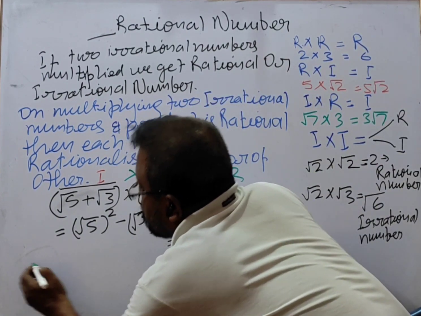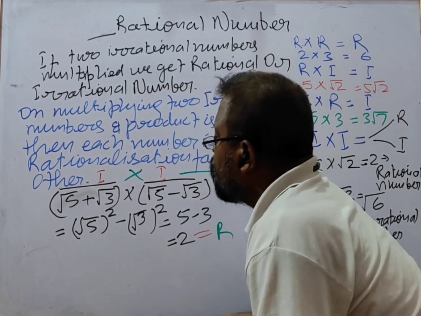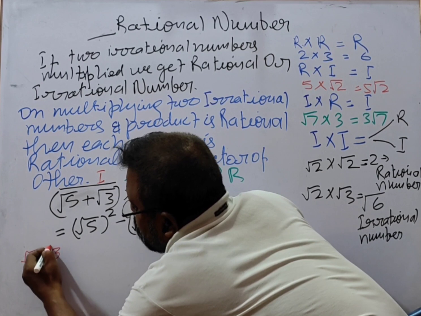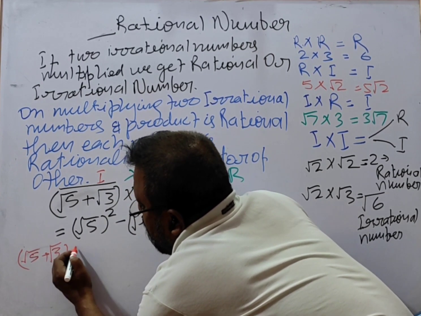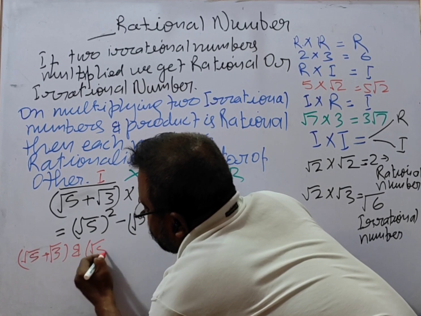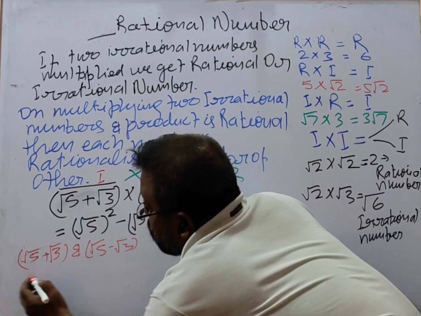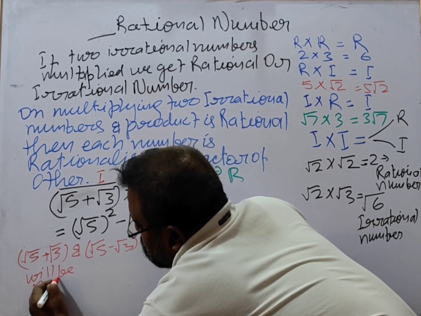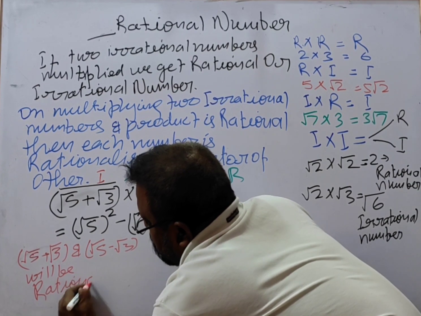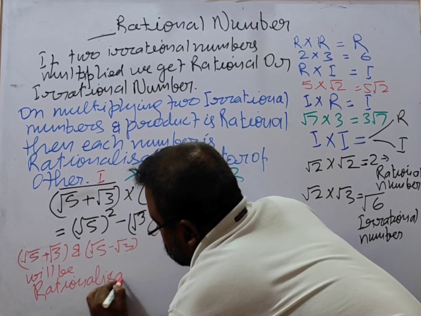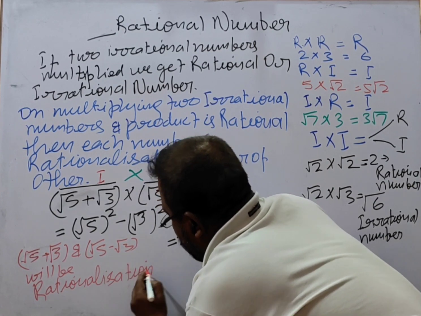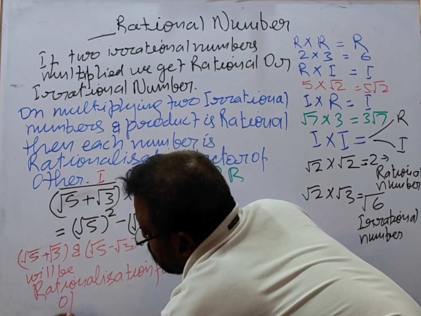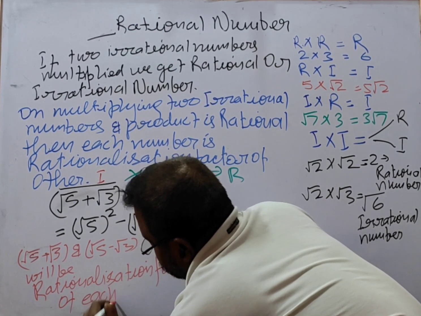In this case, they are rationalization factors of each other, right? Root 5 plus root 3 and root 5 minus root 3 will be rationalization factors of each other, right?